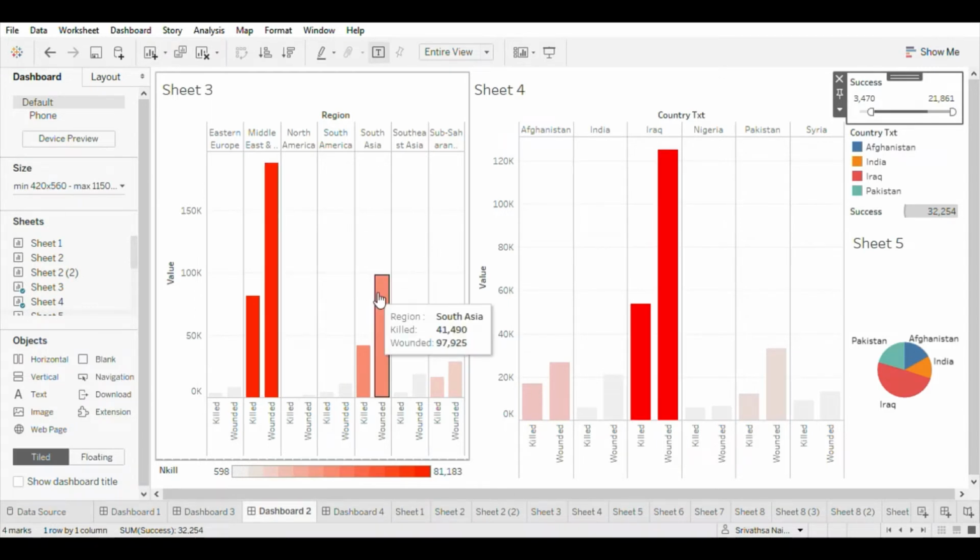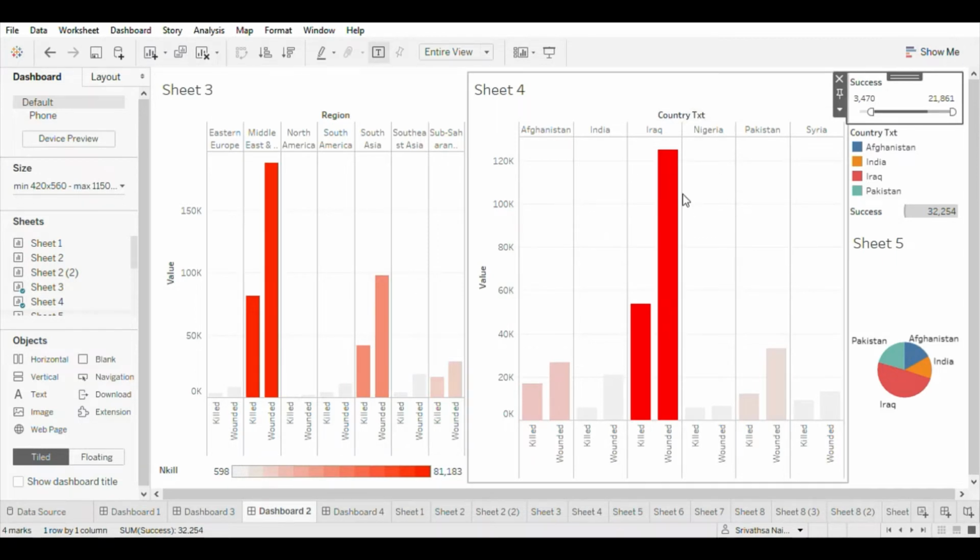South Asia is the second most affected region with 97,000 wounded and killed being 41,000. Country wise we can see that Iraq has the most number of wounded people from terrorism, and 53,000 people were killed in Iraq.